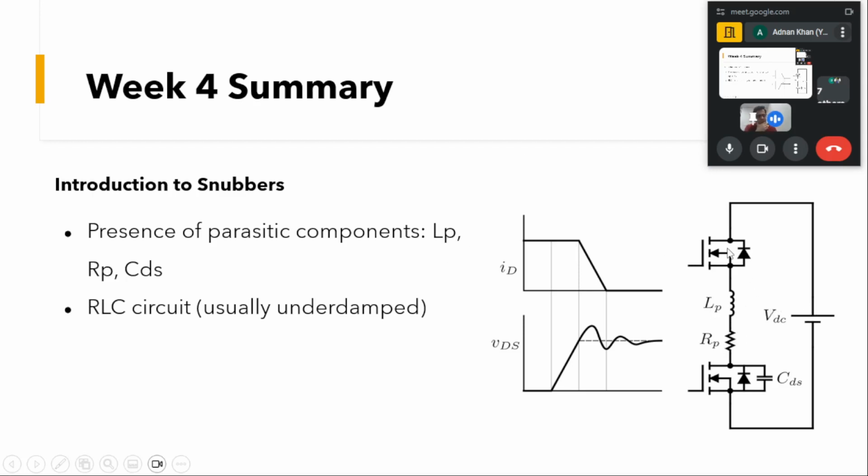And these parasitics are between any two points that are connected through a lead or a trace, and so on. Here, between this DC and drain, there will be some parasitic resistance and inductance as well. From this negative terminal to the source of the bottom device, there will be some inductance and resistance between these terminals as well.